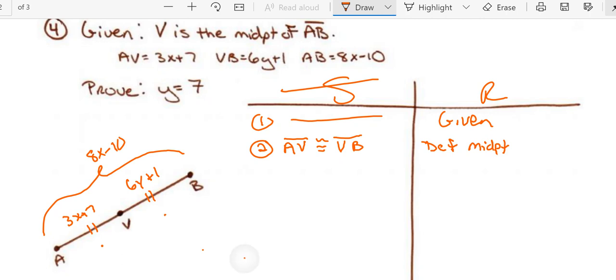If we wrote the equation 3x plus 7 equals 6y plus 1, it's not going to get us anywhere because it's not useful. So what we need to do here is the following. For step 3, segment addition tells us that AV plus VB equals AB. That's the segment addition postulate.